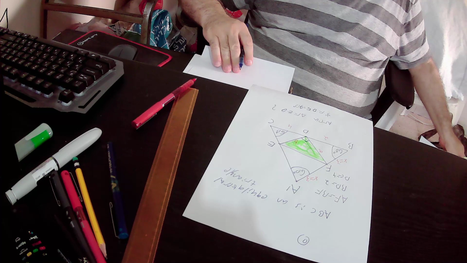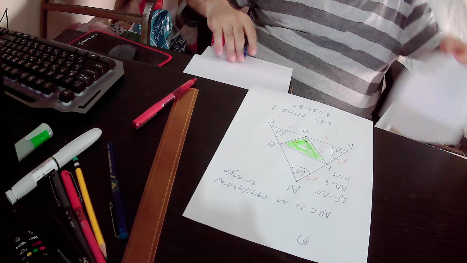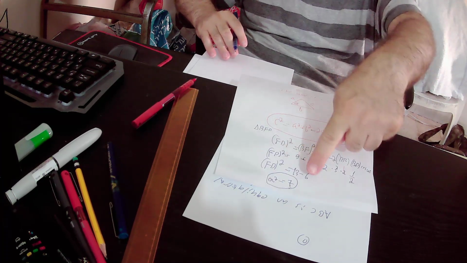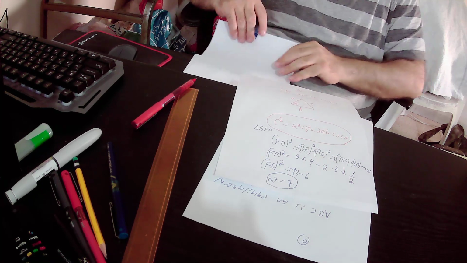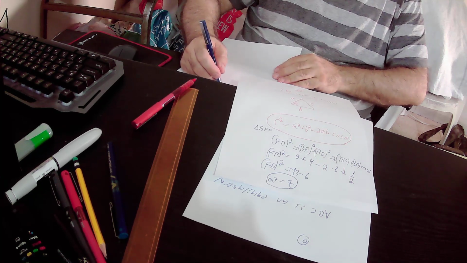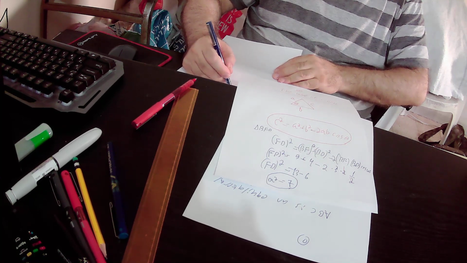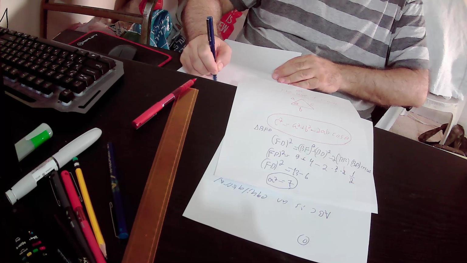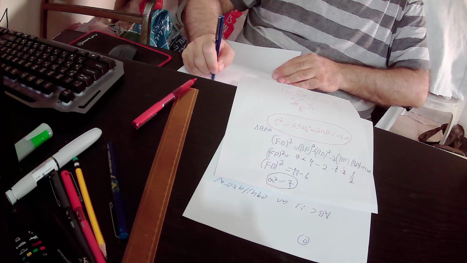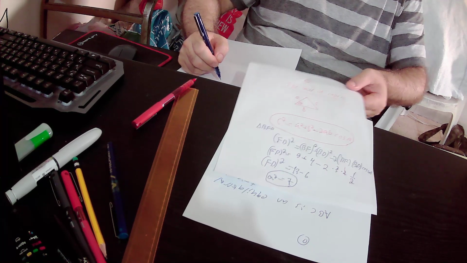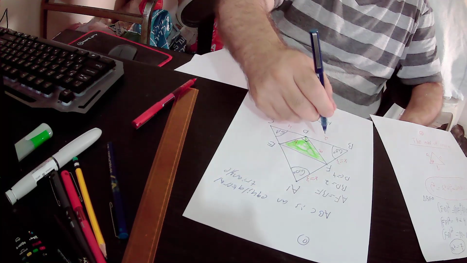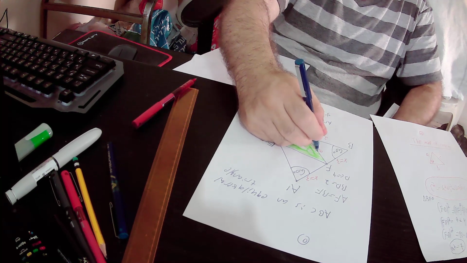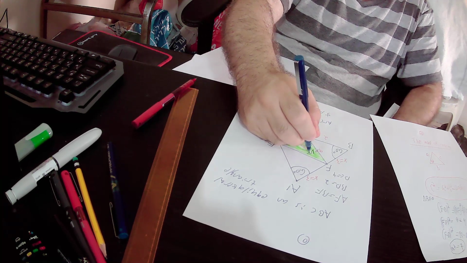So if we take a root out of this equality, we will get that A equals the root of 7 units.